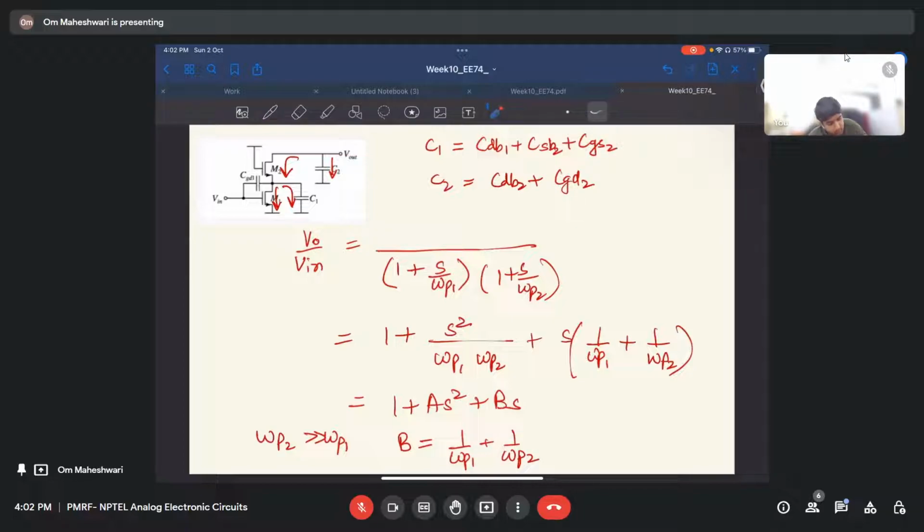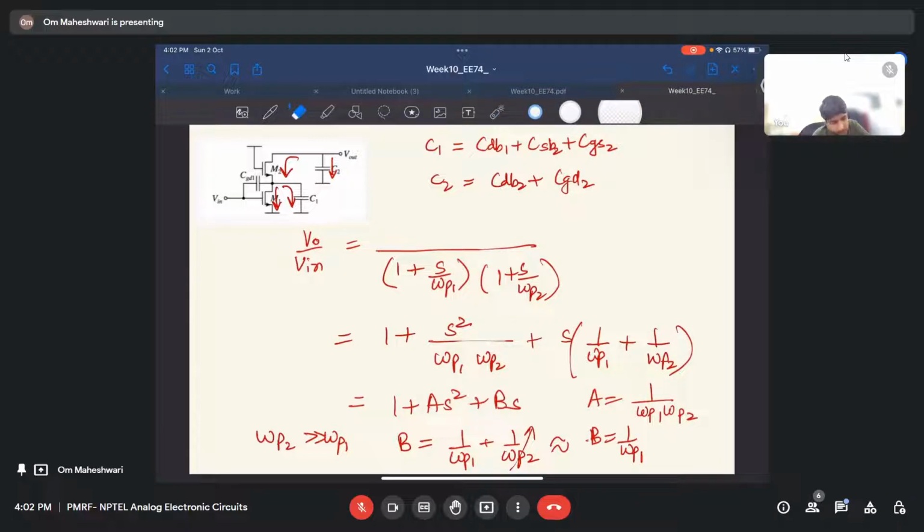If omega p2 is much larger, this term will go to 0, so b will be approximately equal to 1 upon omega p1, sorry. And similarly, we know a is 1 upon omega p1 omega p2. So okay, this is b.